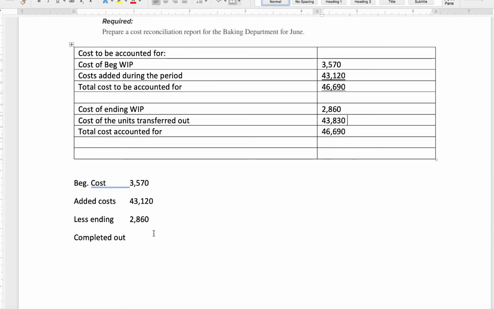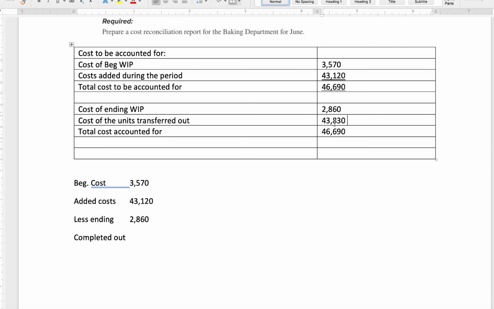Again, the takeaway here is recognizing that this is an inventory account. We got stuff coming in, stuff going out. It's the same thing we've already learned, just maybe a different form. We take the beginning cost plus the costs added in the period, which gives me costs available to be used. I subtract out my ending inventory, and that gives me the actual amount that transferred out of that account.